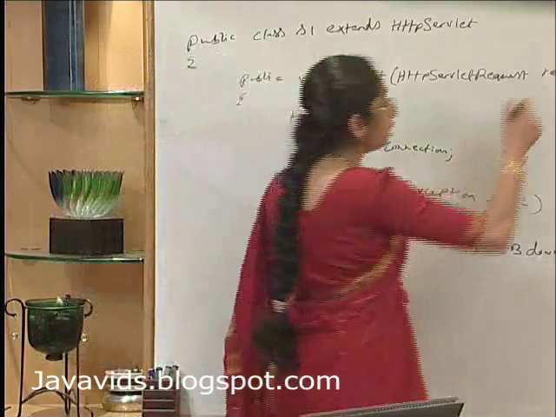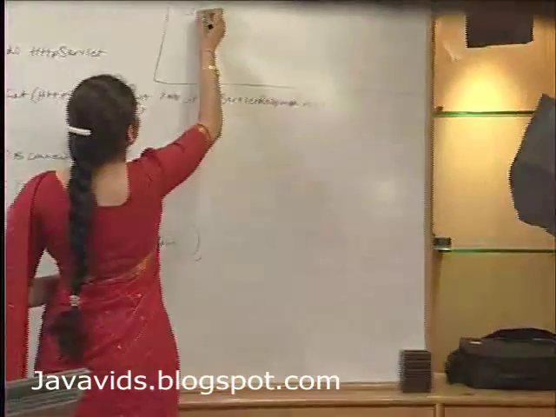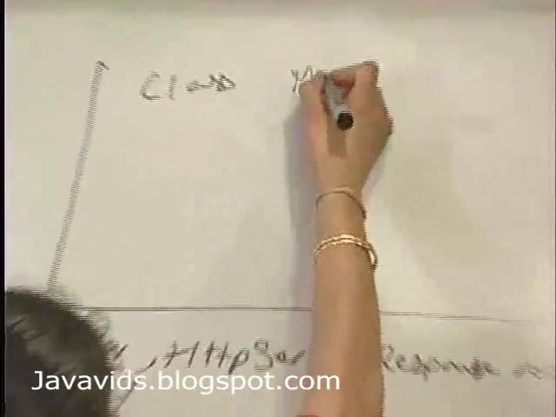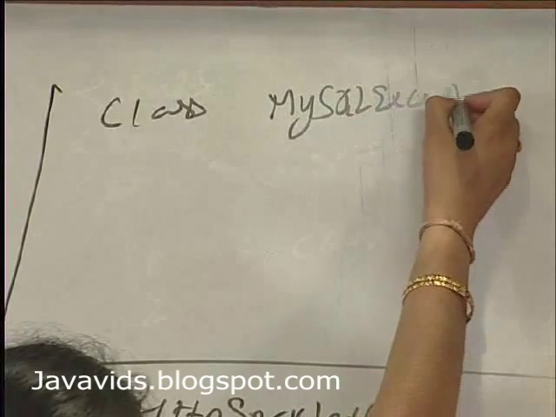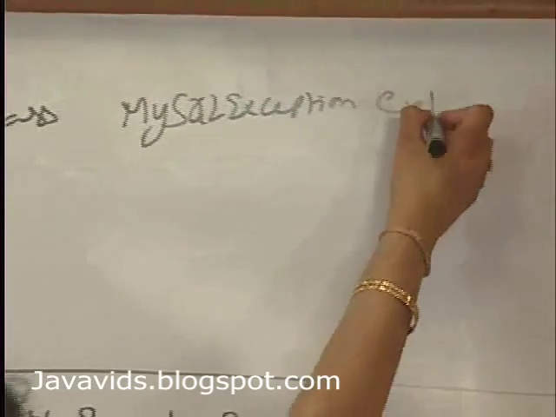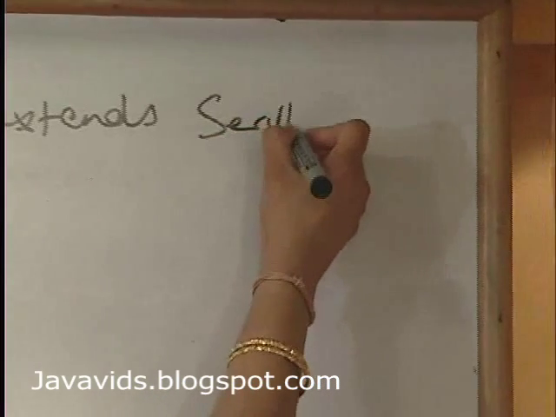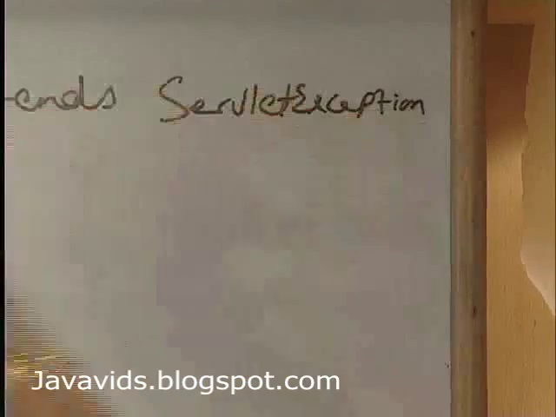So if you want to define your own exception class, you define it as a class, let's assume we call it MySQL exception. We will extend this from servlet exception, so we can pass it on to the container.